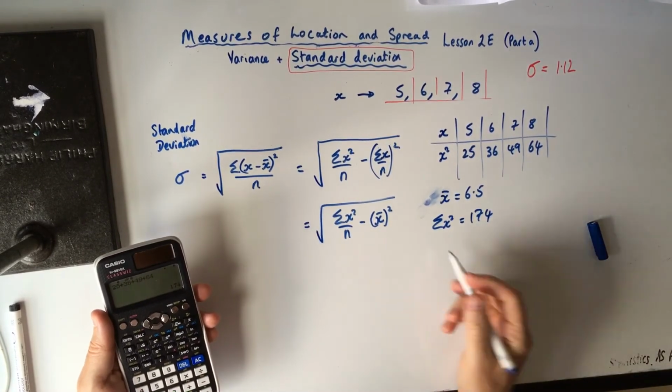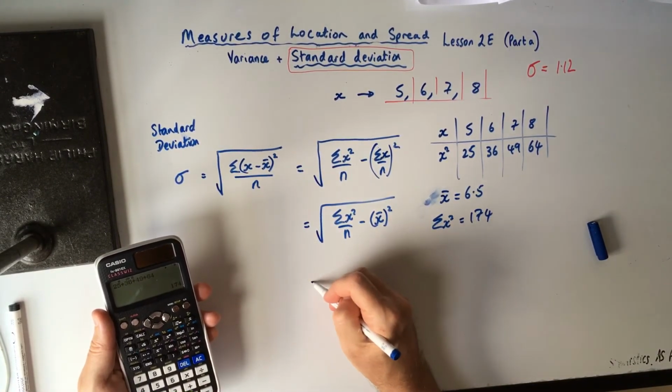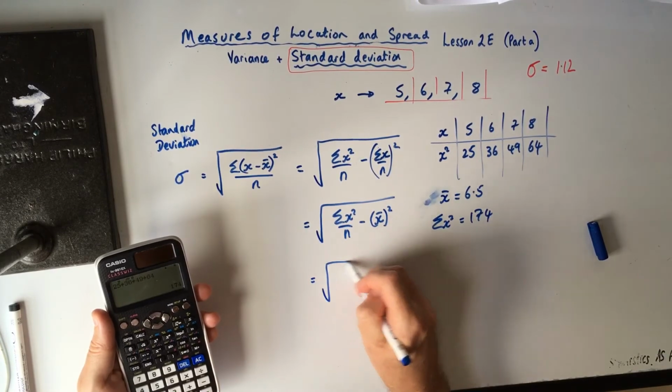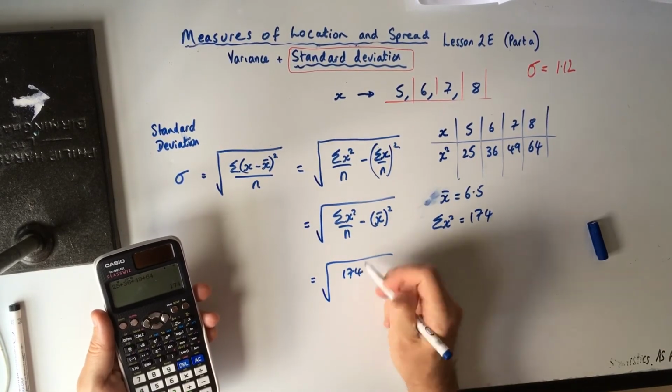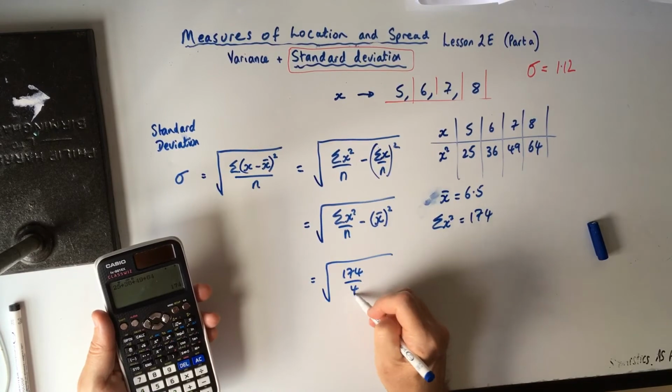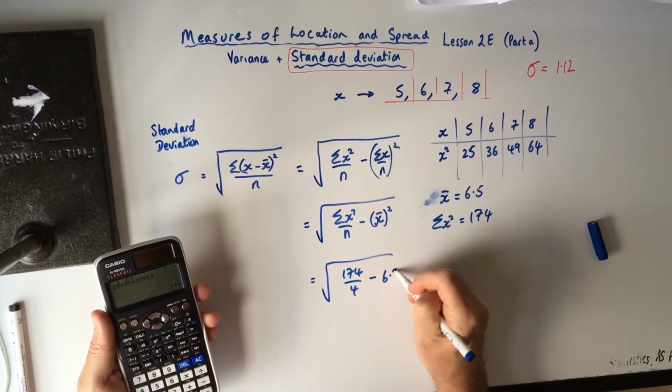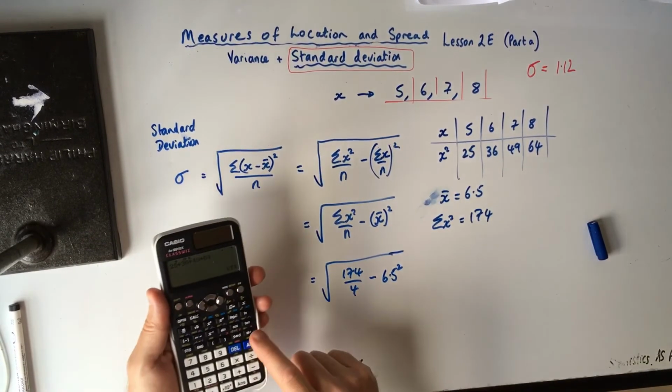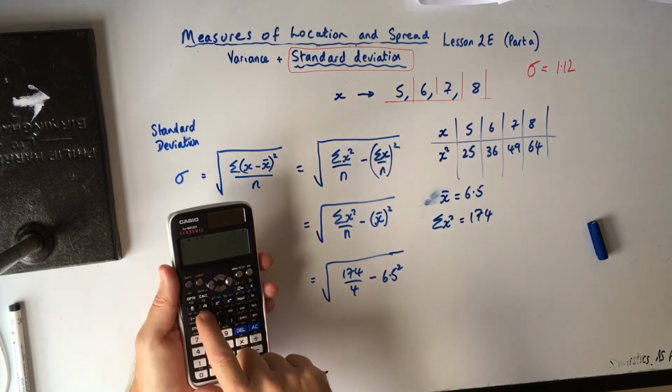So we want the square root of 174, the sum of all of this divided by 4, minus 6.5 squared, the mean squared. Let's do that on the calculator all in one go.